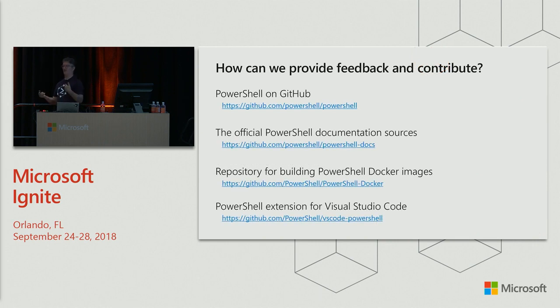So how can we provide feedback and contribute? Once you download these slides, you will get all these clickable links here that will lead you to PowerShell Core on GitHub, the official documentation repository, the repository that they use to build all those nice Docker images that we can use, and the PowerShell extension for Visual Studio Code.